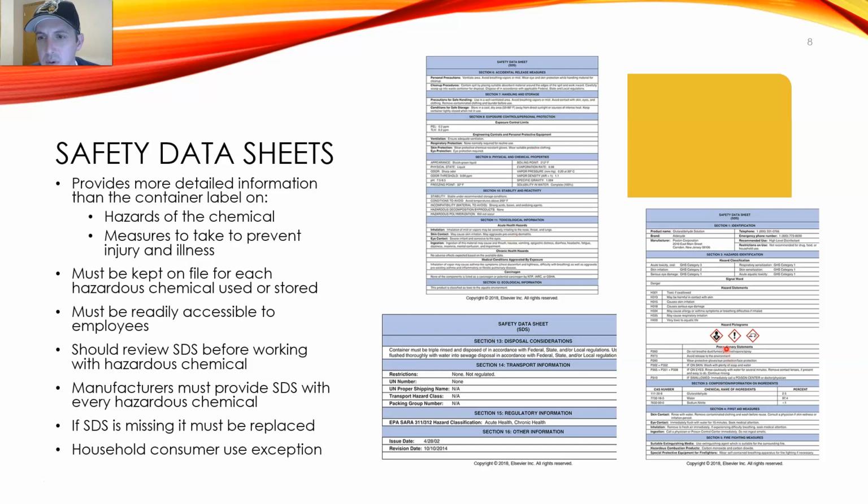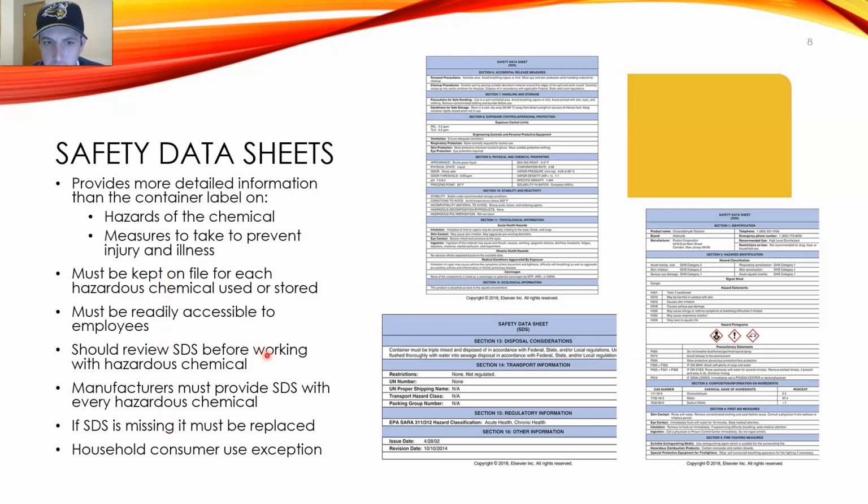And so you can see how much more comprehensive the safety data sheets are. And these need to be written out and kept on file in a place where the employees can get that. Right? So in that, it has more detailed information on the hazards, measures to prevent injury and illness, obviously with that, and some additional aspects within there.